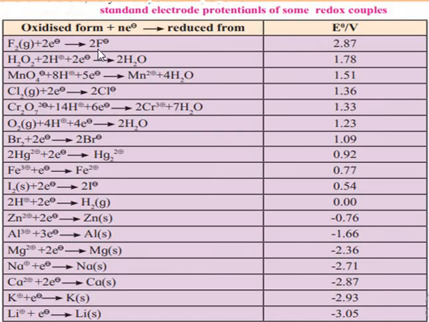According to this table, the reducing character increases from top to bottom, and from bottom to top the oxidizing character increases.